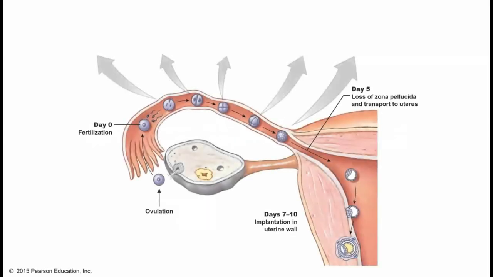Okay, so let's talk a little bit about human development then. Here's what it looks like for an egg to be fertilized. Let me back up: an egg is ovulated from the ovary, and then it passes into this funnel, and then it starts to travel down the fallopian tube.